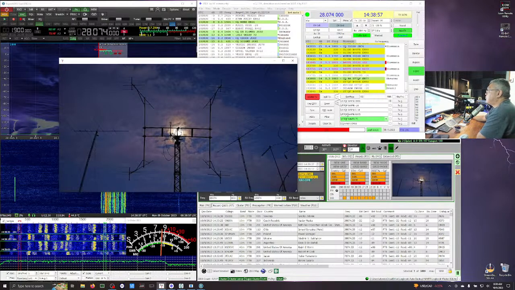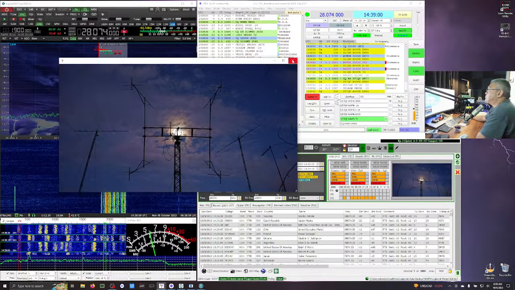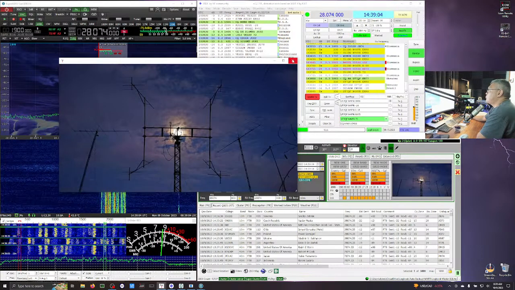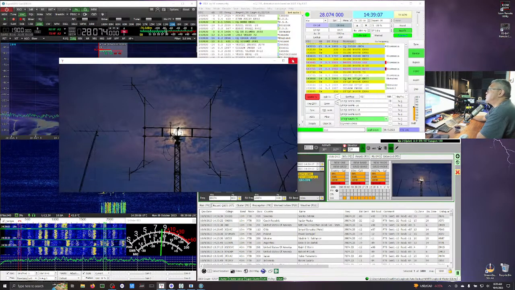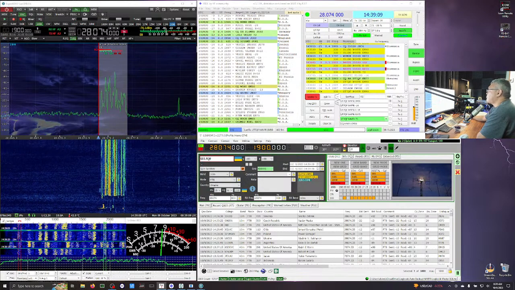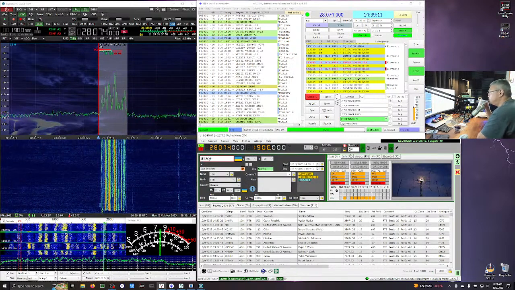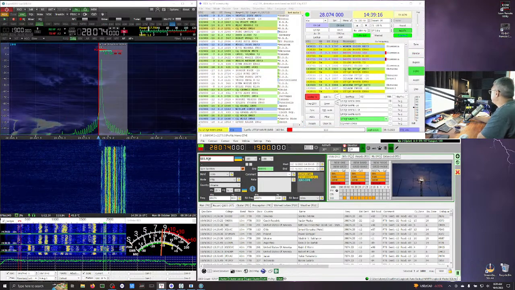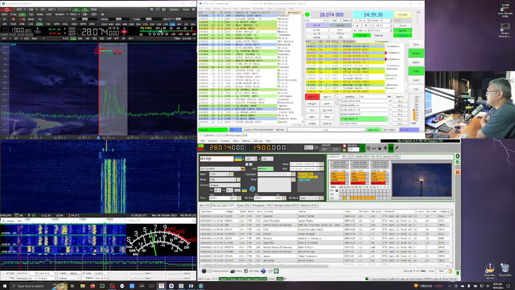That's a nice antenna farm. 542 watts of power. Yeah, that's very impressive. That's a lot of money invested in ham radio.